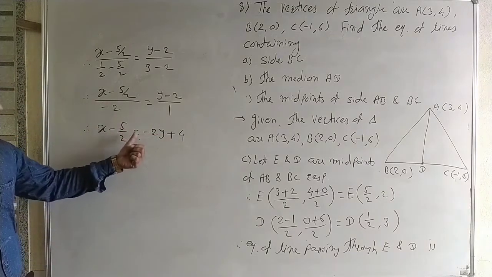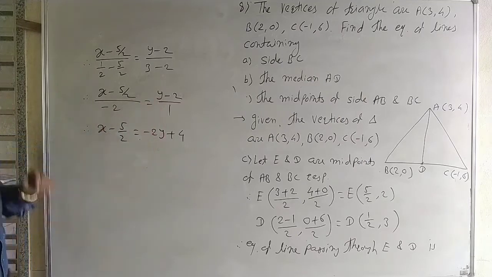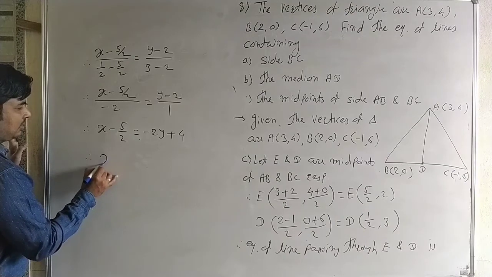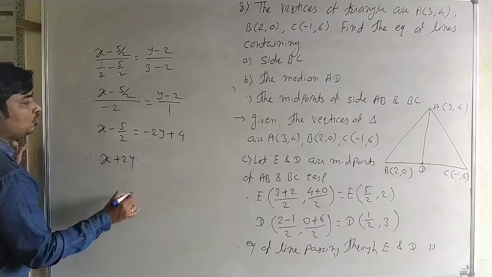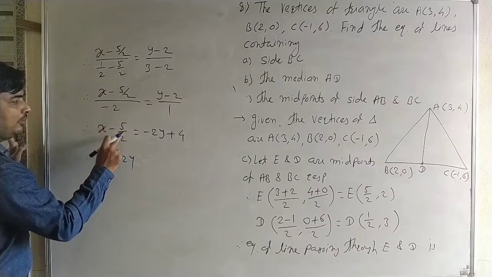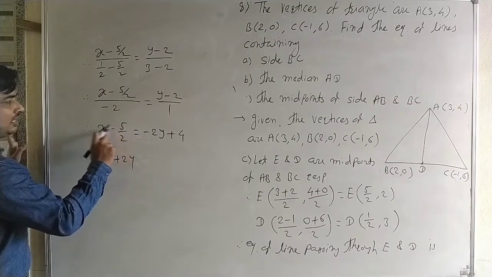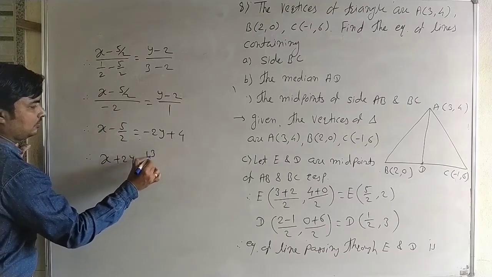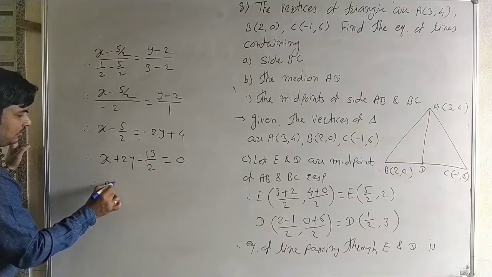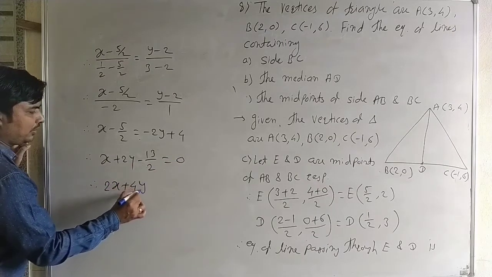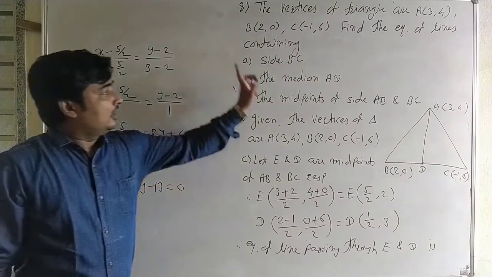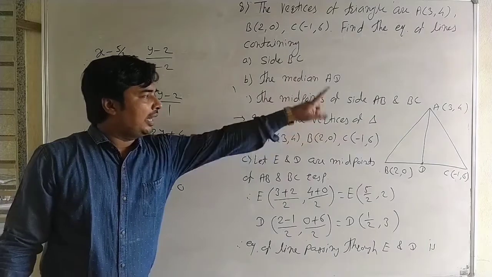Now take the calculation here: x plus 2y minus 5 by 2 minus 4, that is minus 13 upon 2, is equal to 0. Then multiply by 2: 2x plus 4y minus 13 is equal to 0. It is the equation of the line containing the midpoints of sides AB and BC.